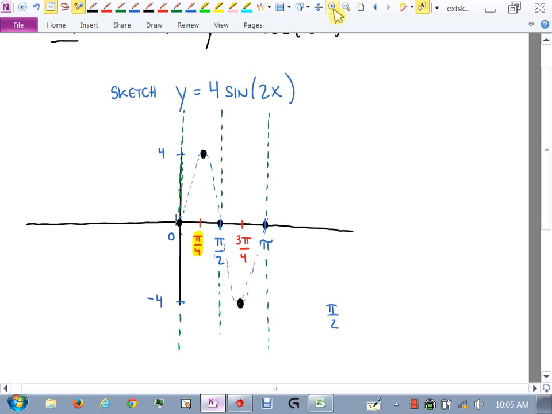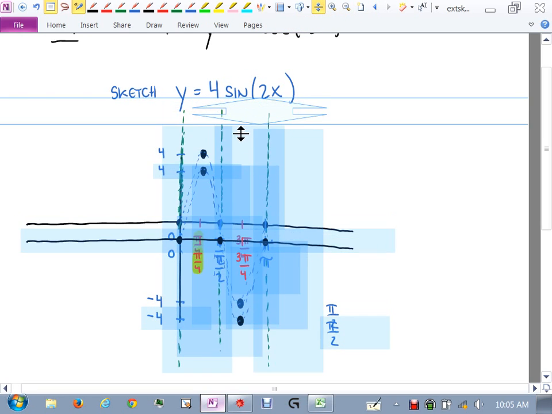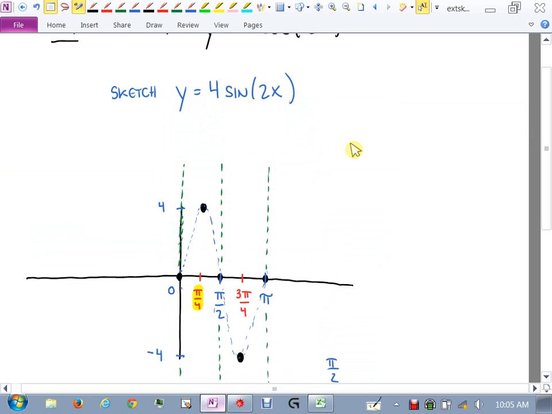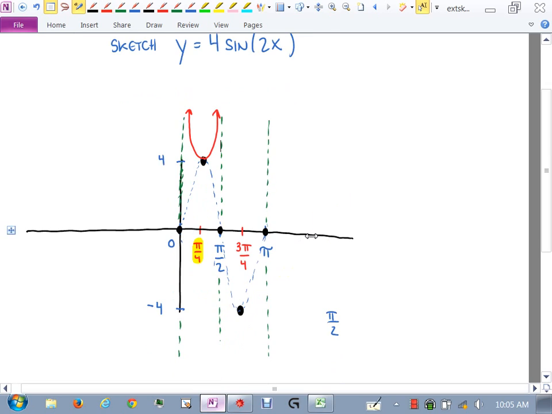So it will always have these U-looking things. I go to the peak of the sine, I draw a U up there. I go to the peak down here, I draw a U downward. I'm going to go like this, and then down here, same thing.